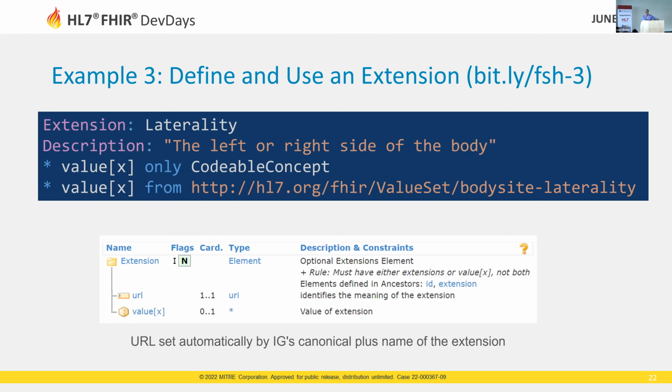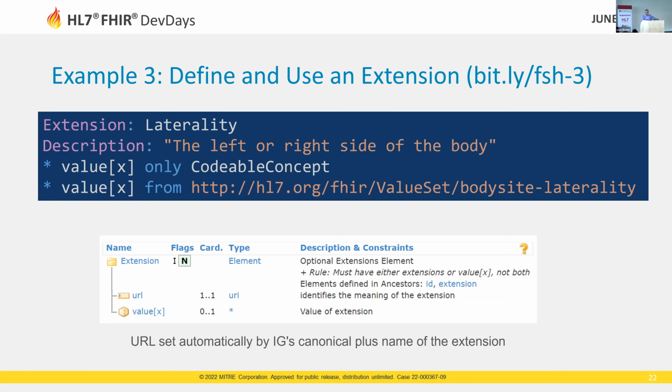So that constraint means your extension has to take a codable concept, and then you can bind the value to a specific value set, which in this case is an HL7 value set, which I think has left and right in SNOMED codes. I'm not really sure. So now you've defined an extension.